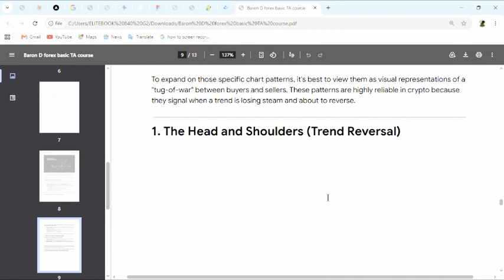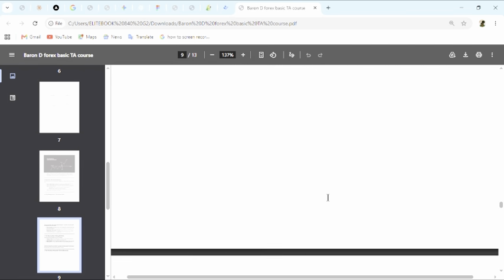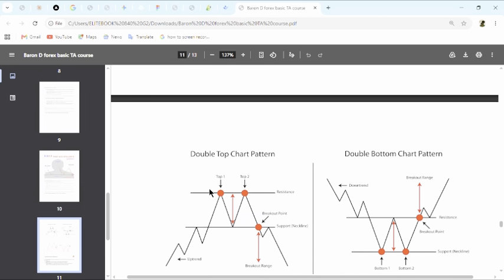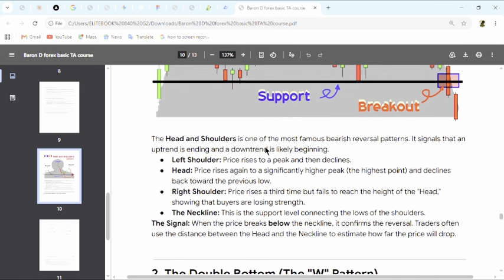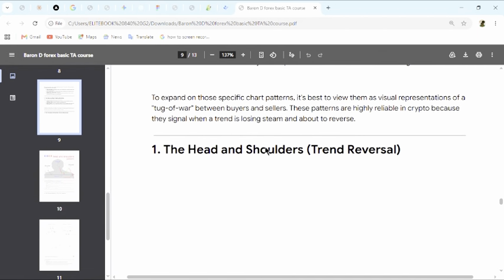So we have reversal patterns as well, like the head and shoulders. If you understand how price action works, you always see a head and shoulders pattern before a reversal happens, or we have a double bottom or a double top. These are the reversal patterns you see in the market before a reversal happens.